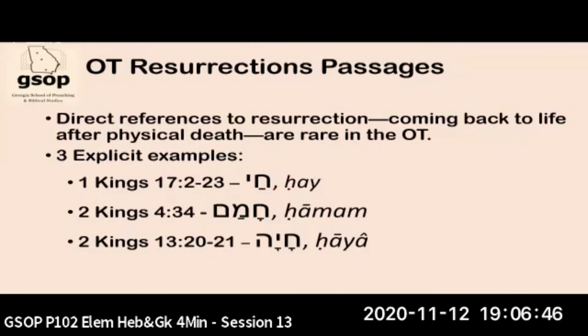Verse 17: Now it came about after these things that the son of the woman, the mistress of the house, became sick, and his sickness was so severe that there was no breath left in him. Obviously, that means he died, right? In verse 18, she said to Elijah, What do I have to do with you, O man of God? You have come to me to bring my iniquity to remembrance and to put my son to death.